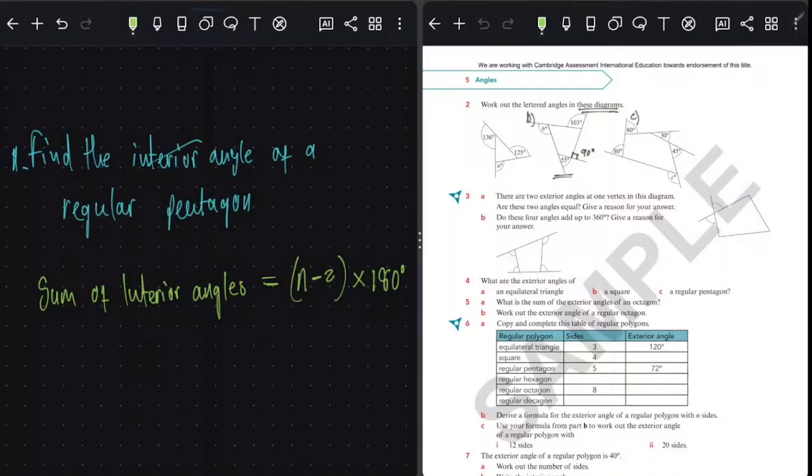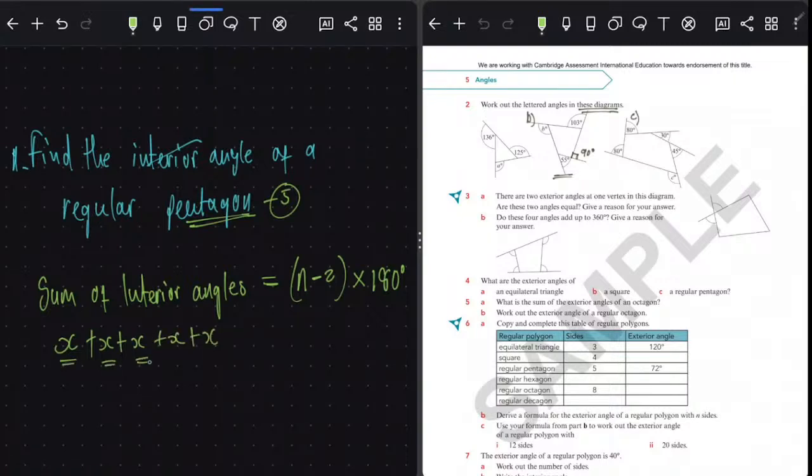Right. So now we continue. They said it is a pentagon, that means it has 5 sides, because we know a pentagon has 5 sides. It is regular, so it has the same angle, so we can use the same letter. x plus x plus x plus x plus x, 5 of them.